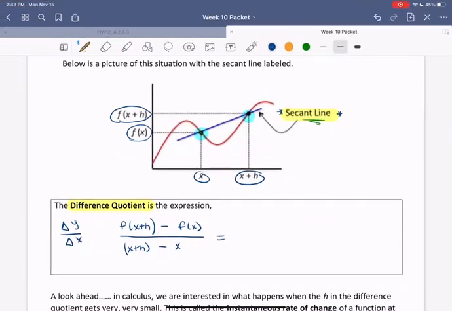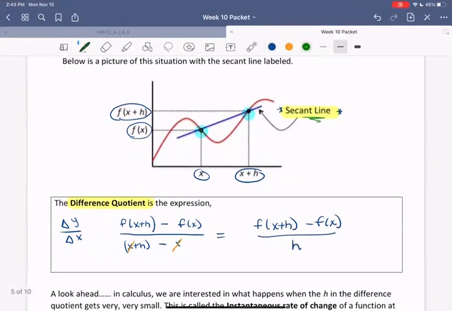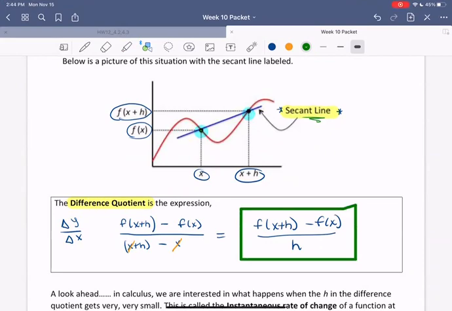Well, we see that in the denominator, we have an x plus h minus an x. So those x's cancel, and we're just left with f of x plus h minus f of x all over h. So here is the simplified difference quotient.